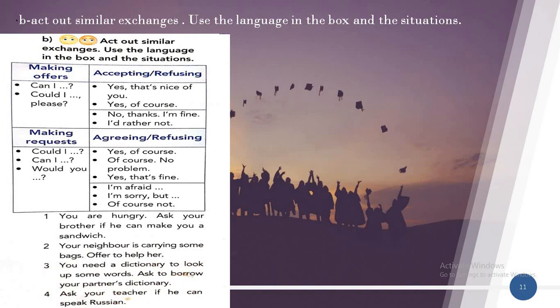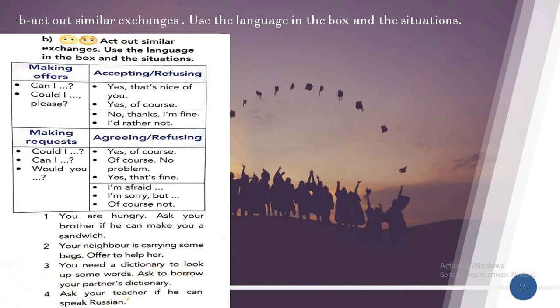So you have 4 situations. Take papers, please, pens, and try to write the answers. The answers of what? Remember the question. Use the language in the box and the situation.